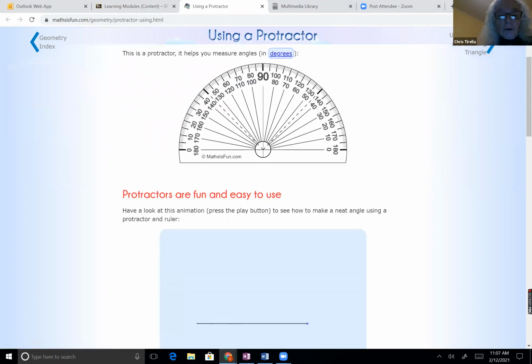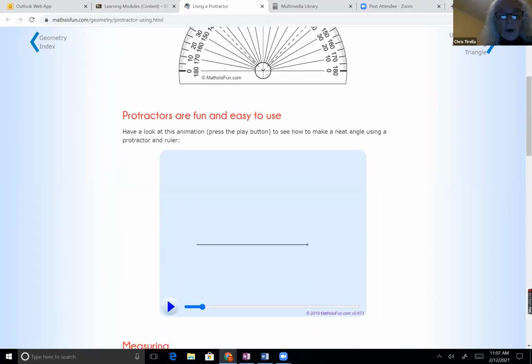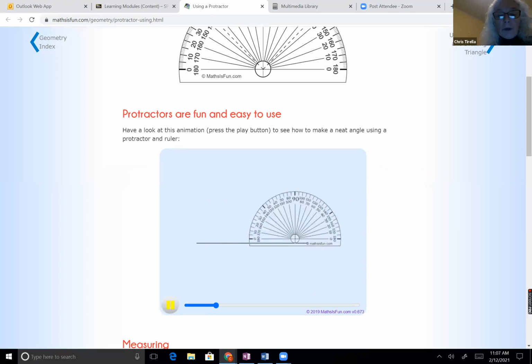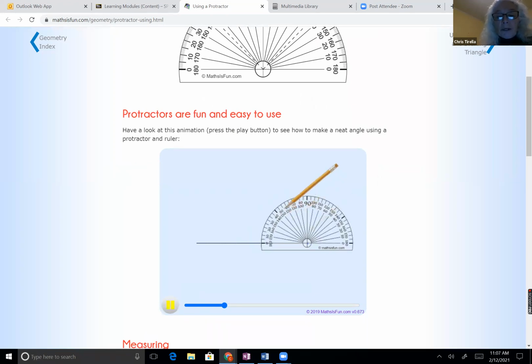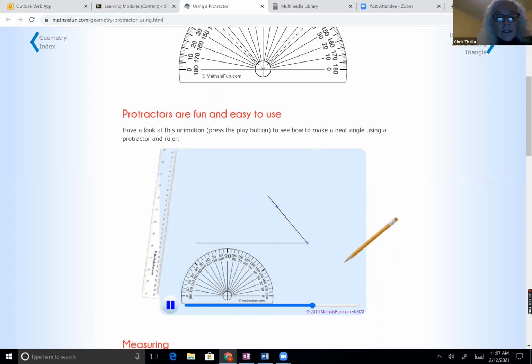So in order to use a protractor to draw an angle, what you're going to do is put the protractor so that the point of the protractor is on the vertex of where the angle is. We're not doing construction, so we're going to stop there.